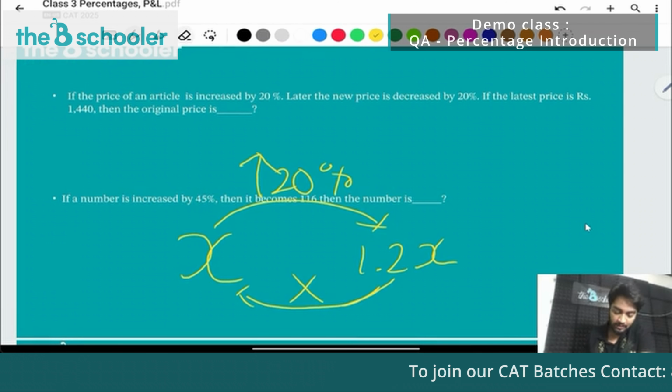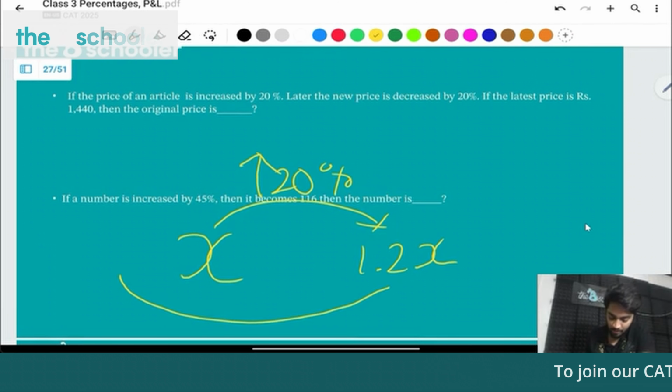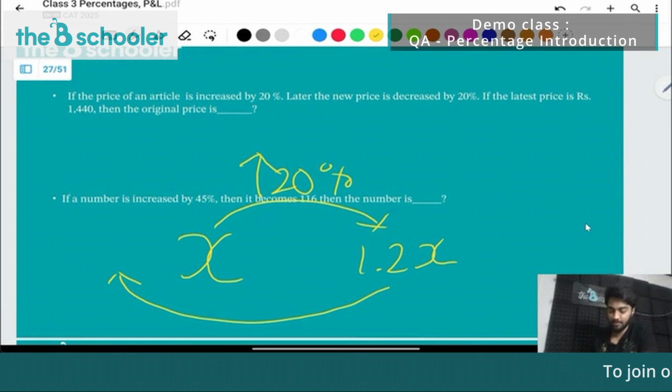Instead, we will go back to a value which is less than x. Why does this happen?